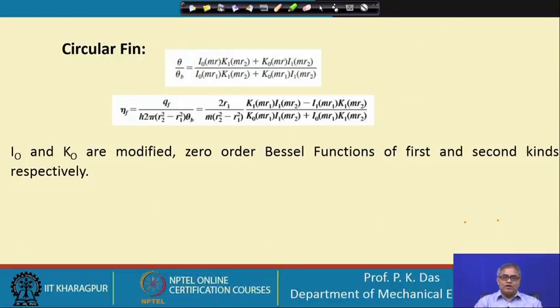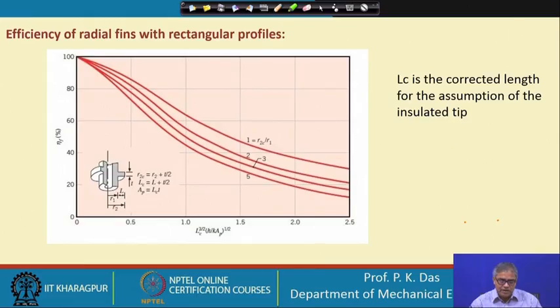That is what I was going to tell, that sometimes the fin analysis is very complex. For a circular fin, the analysis becomes very complex, and in this case the efficiency we generally determine with the help of a chart or a graph like this, and here I have shown how one can use this. Okay.